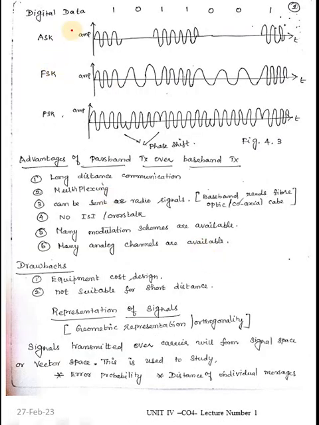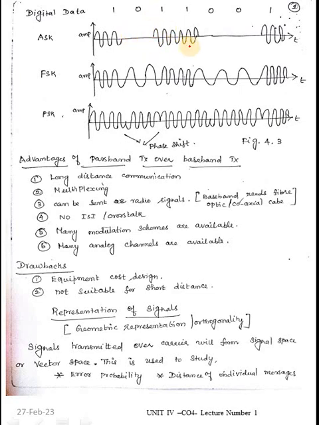So this is the general graphical representation of these 3 techniques, ASK, FSK and PSK. In amplitude shift keying, for each binary data, the binary data may be either 1 or 0. For 1, the corresponding amplitude of the carrier is transmitted. For 0, there is no transmission.